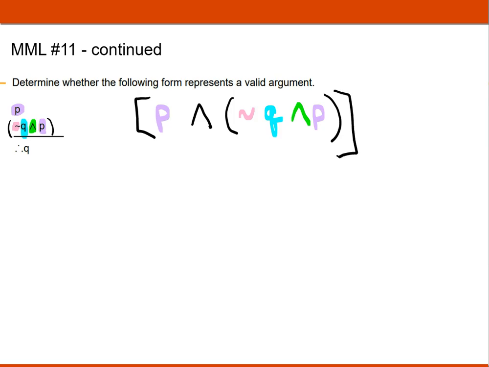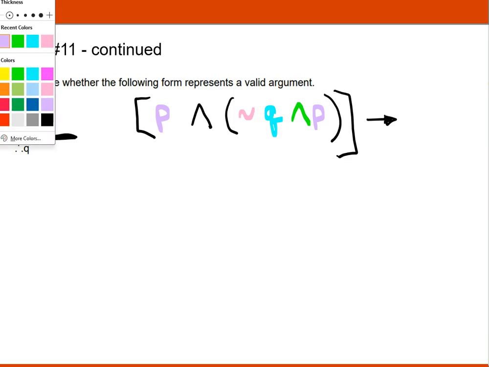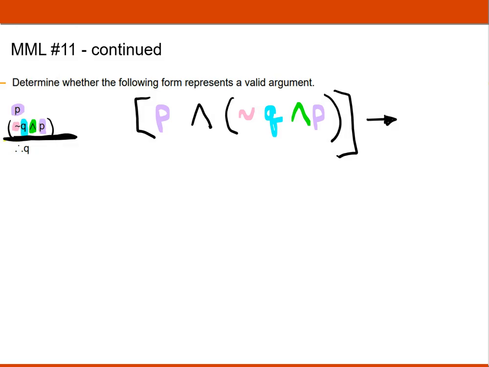Now, the line that separates right here, that is another if-then. That line right there is an if-then. Maybe I should do that in a different color or highlight it. I'll just highlight it in yellow.